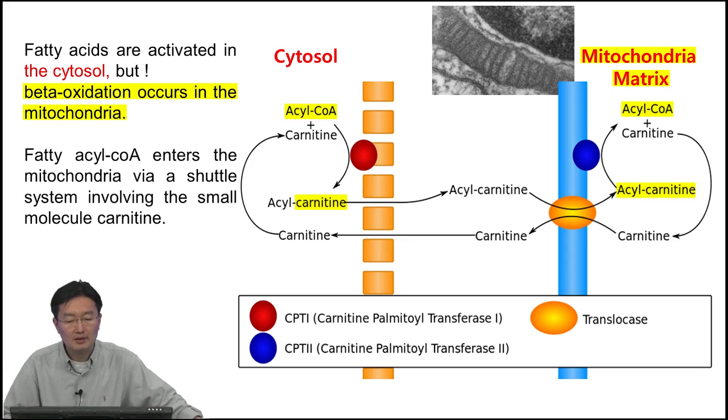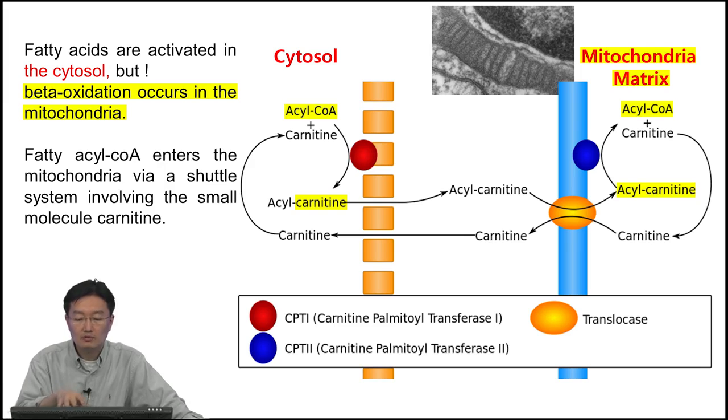Well, simply speaking, fatty acyl-CoA cannot directly get into the mitochondrial matrix. On top of that, this type of transport process is one of the major regulatory points for fat metabolism homeostasis.